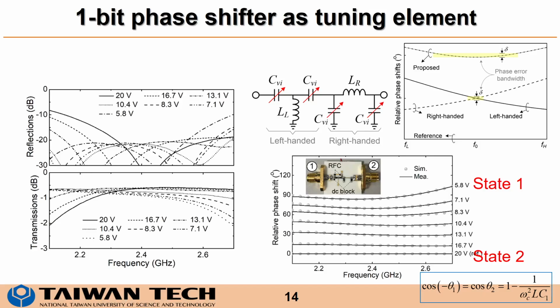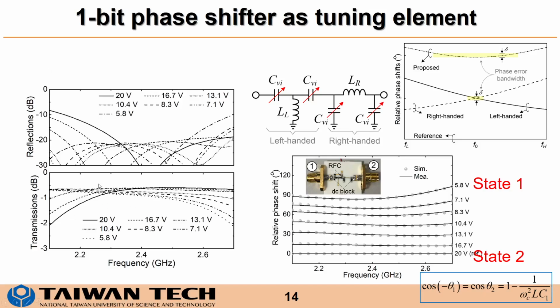And this is one of the main properties that I have mentioned before. Then when we try to tune the electrical length of the transmission line, the performance still stays the same in terms of the characteristic impedance.